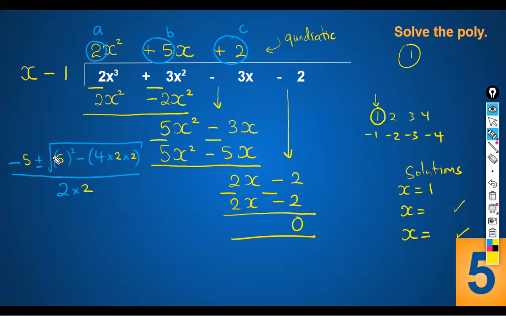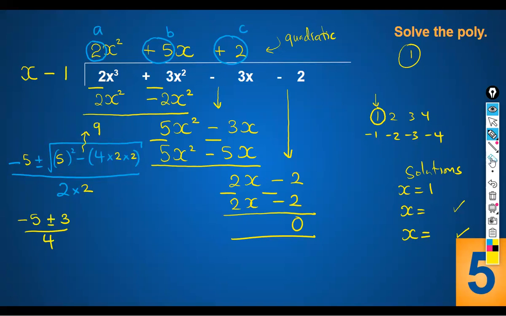When you worked out the piece underneath the square root sign, the discriminant, before you square rooted it, what will you all get there? 4 by 2 by 2. Did you all get 9? I'm getting 9. So when you square root the 9, you're going to get 3. So it's 5 plus or minus 3 divided by 4.